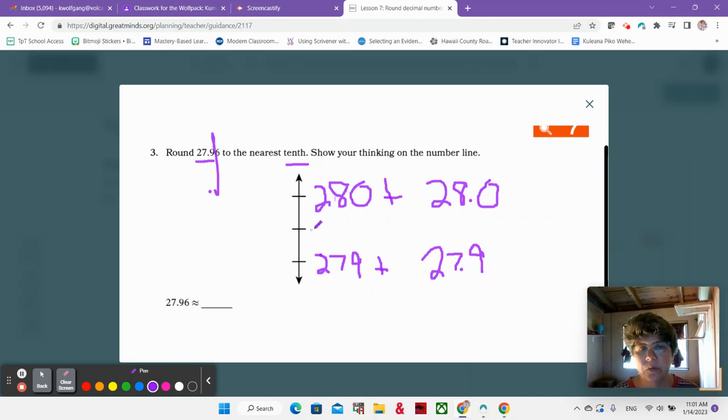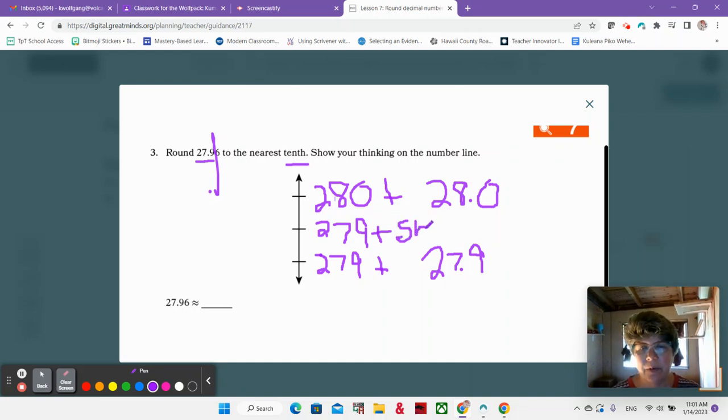And then we ask ourselves, what's in between, right? So we're going to go one more digit out. 2, 7, 9 tenths, because we still want to write it in tenths, and 5 hundredths, right?